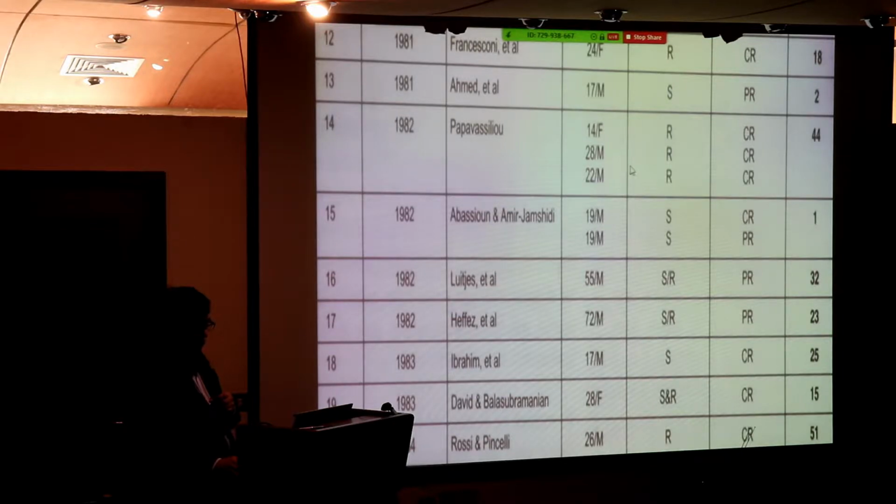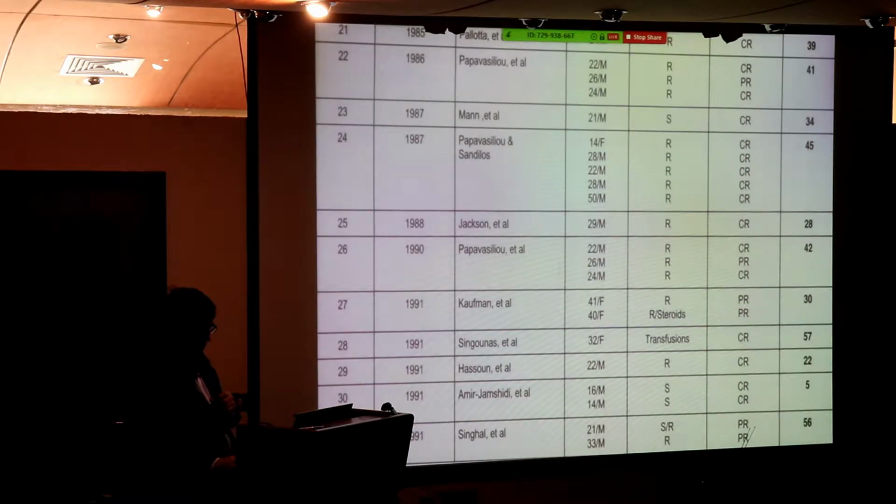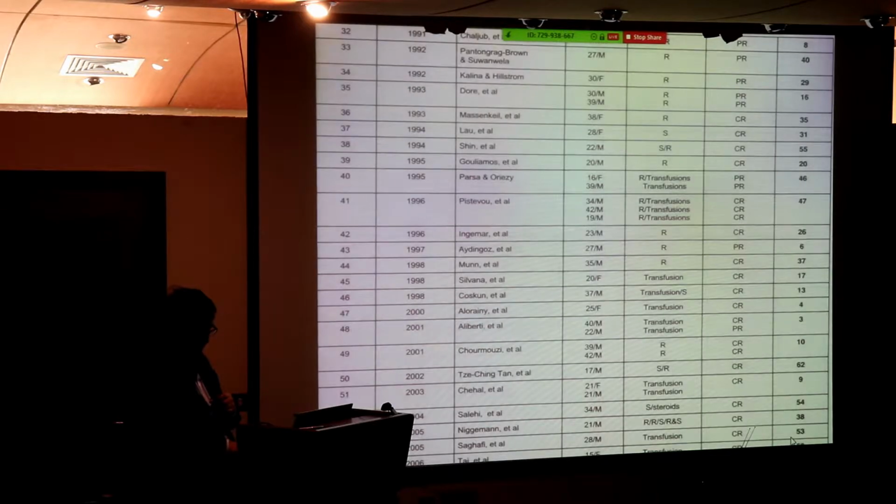Continue the list. These cases were treated by radiation, surgery, and so on. Surgery and radiation, and so on. 91. Until we reach the year 2006, all these cases are documented. Spinal cord compression due to extramedullary hematopoiesis.